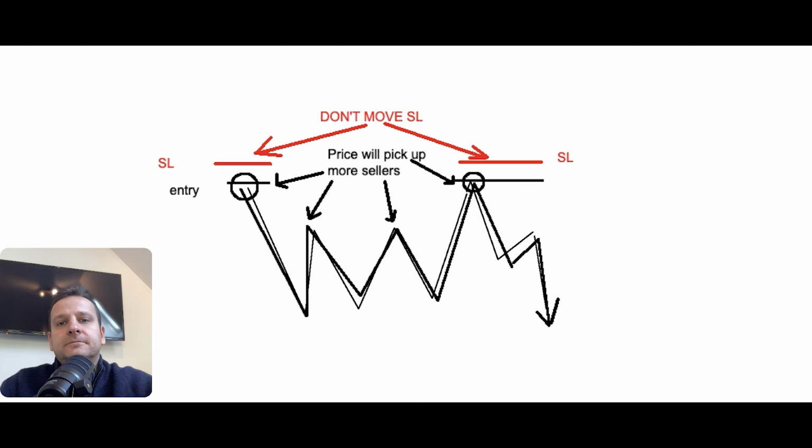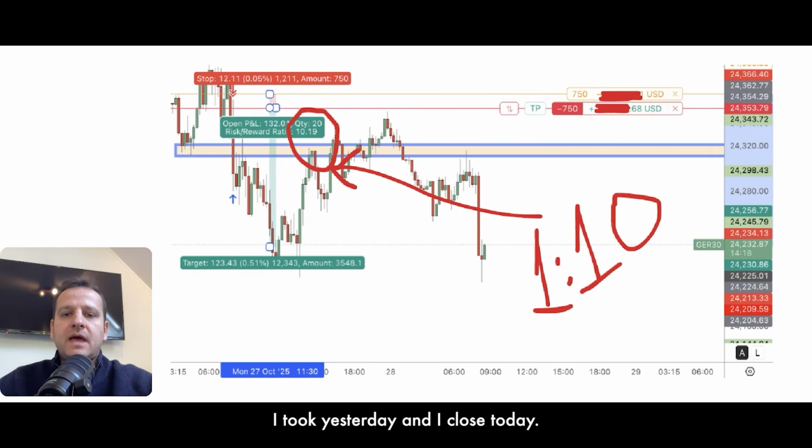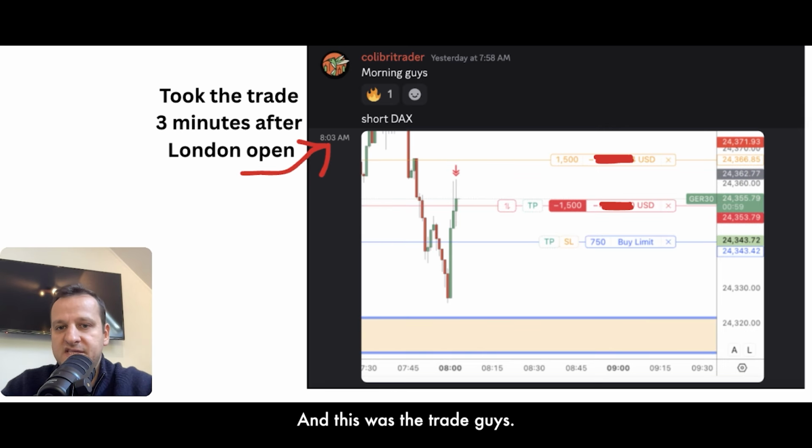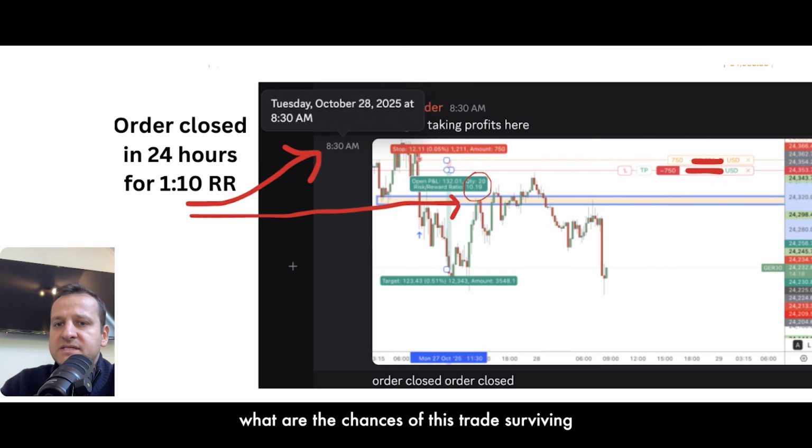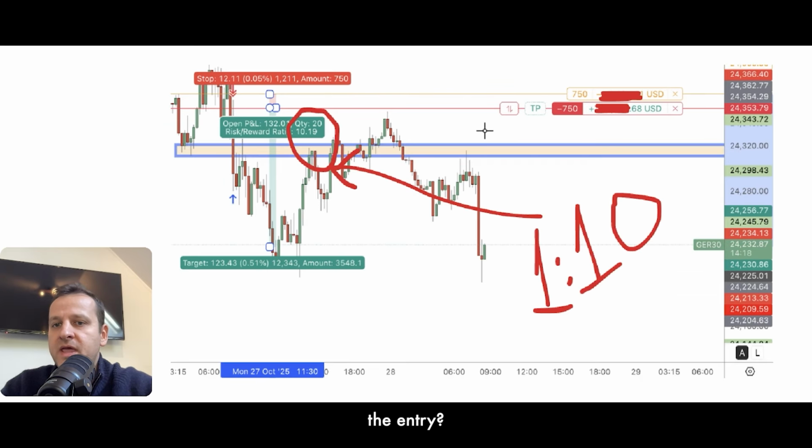And last but not least, here is a trade I took yesterday and closed today, and this was a 10x trade, guys. Having said that, what are the chances of this trade surviving if I move the stop loss to my entry or below the entry? Literally zero, because look at this level, guys. This is where I shorted the DAX.